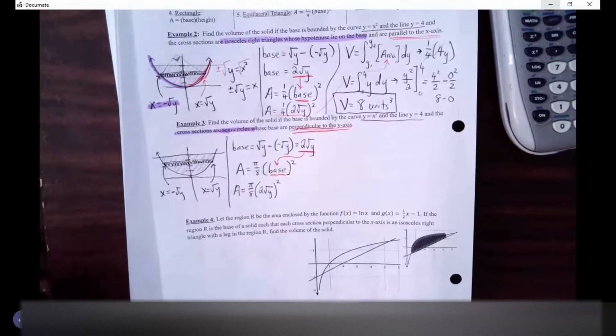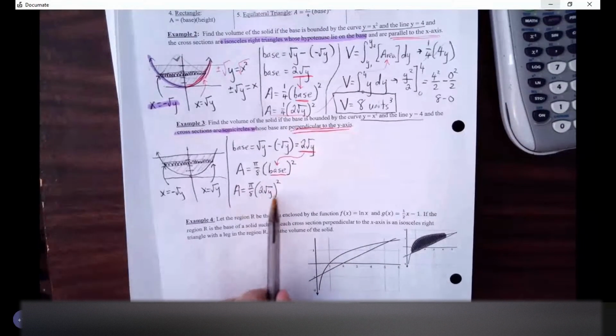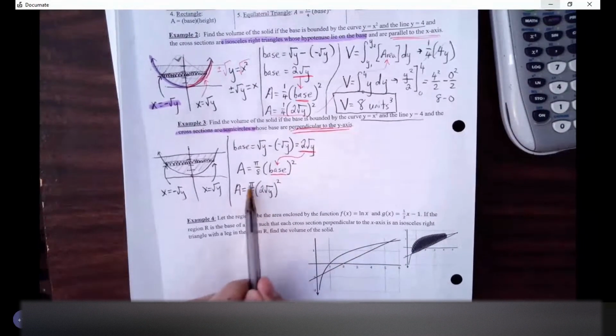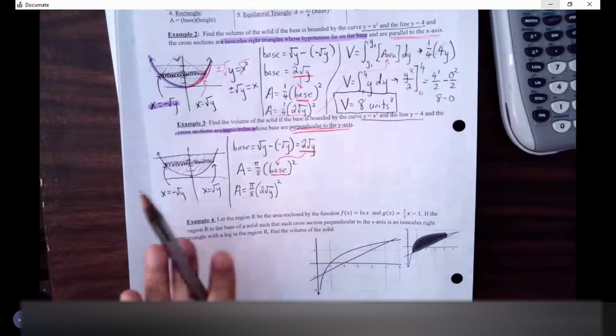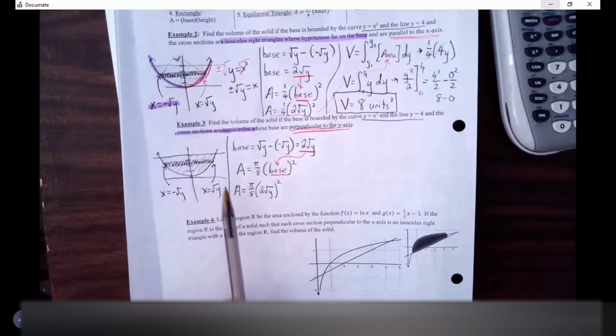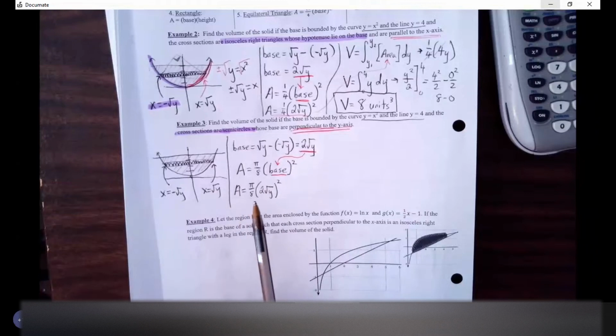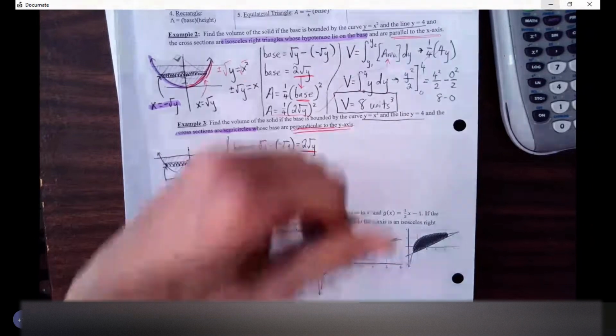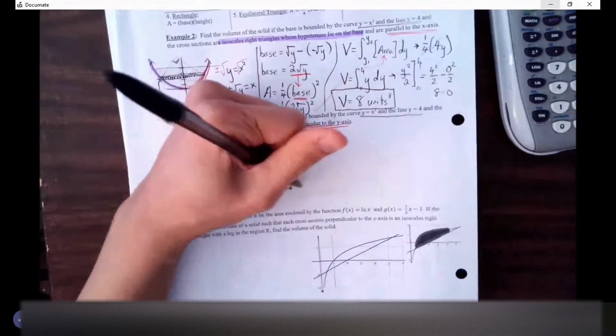I'm going to try to clean this up. Whenever I see pi, I want to just leave it out because I don't want to insert it into the calculator just so I can improve my approximation, or eventually my volume. So I'm going to do a little bit of cleanup here.